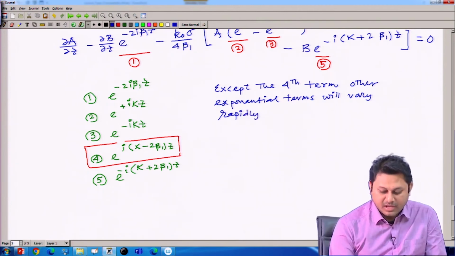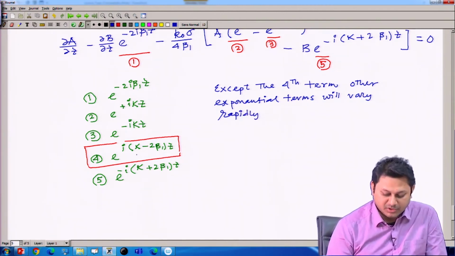With increasing z, this term will vary very rapidly compared to this one, because I have k. So, there is a possibility that k is equal to 2 beta 1. If that is the case, then this term can be 1. So, there will be no rapid variation of that term.